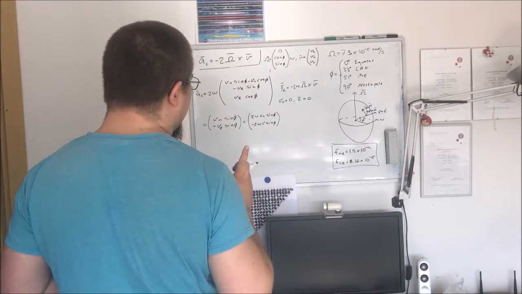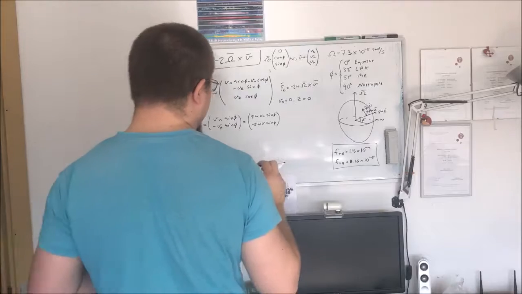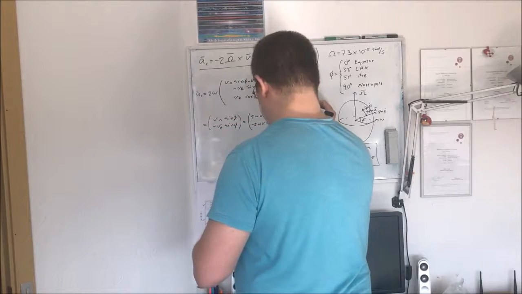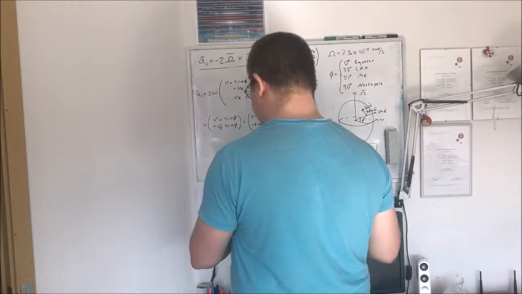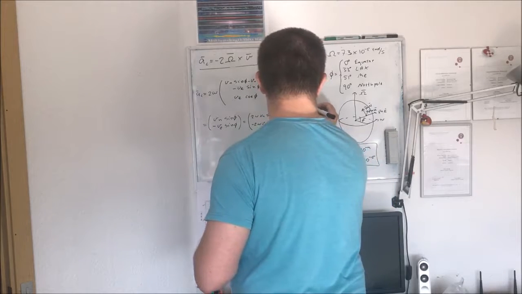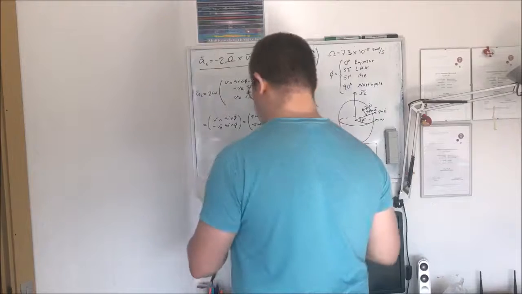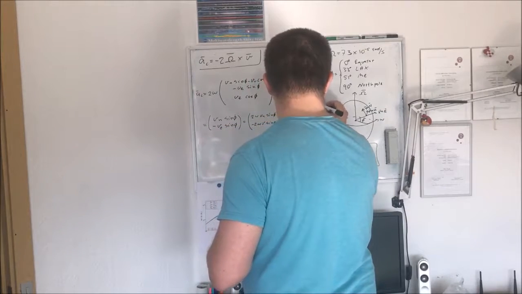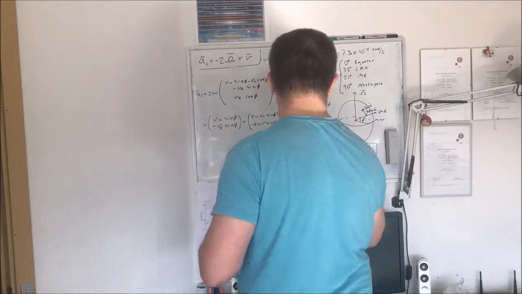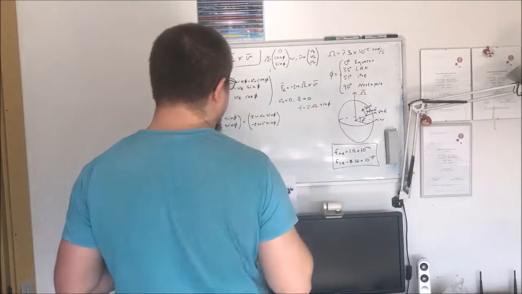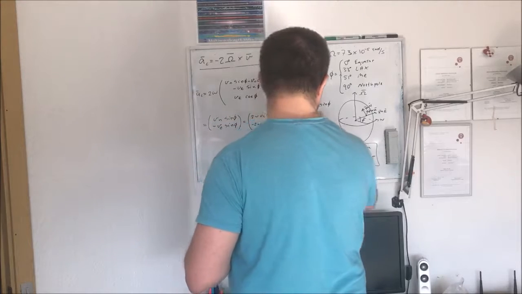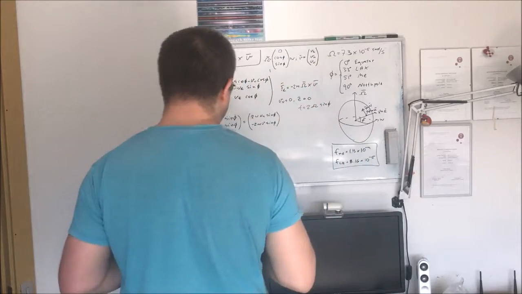Let's try to remember how we defined the Coriolis parameter. It was f equals, let me see if I can remember it, 2 omega sine phi. But here we could also as easily have defined this omega as a little omega.